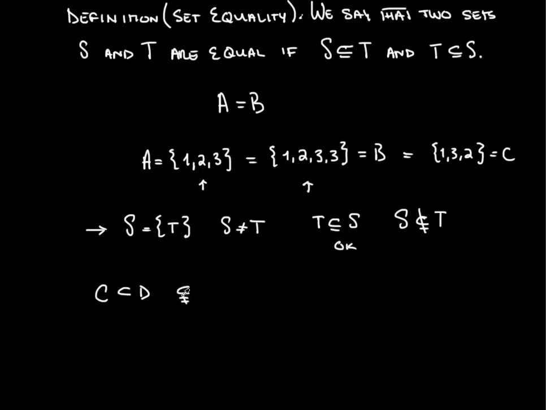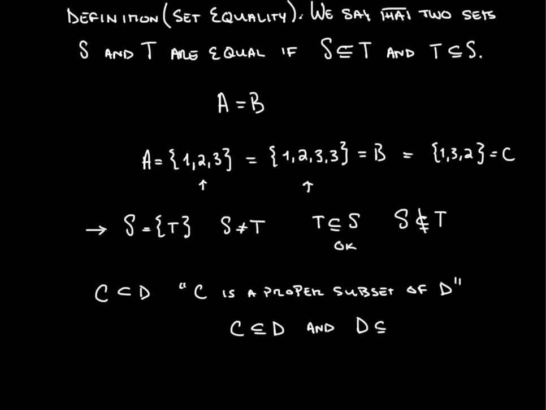I think that is a little too heavy to write, so I'm going to stick with this notation right here. So C is a proper subset of D. And what this means is simply C is a subset of D, and we know that D is not a subset of C. Okay. We can also say that C is not equal to D.